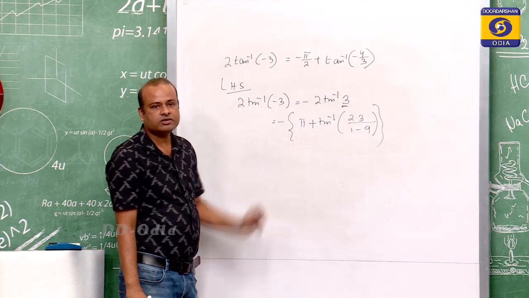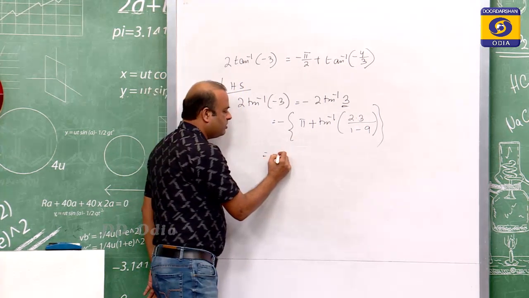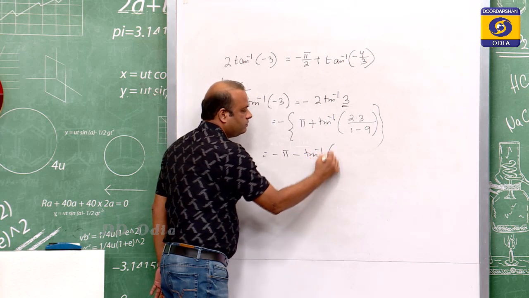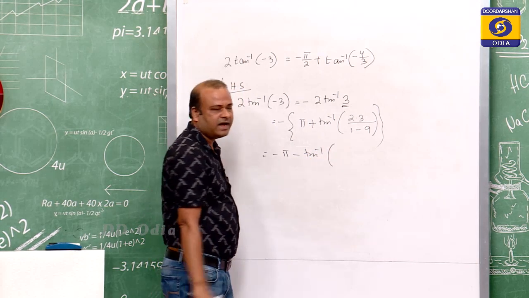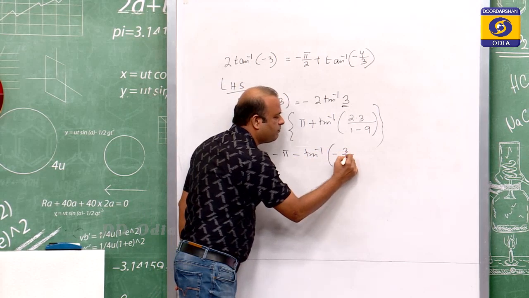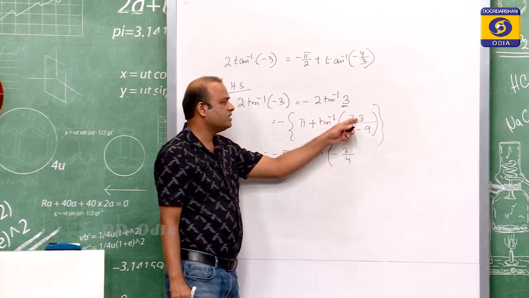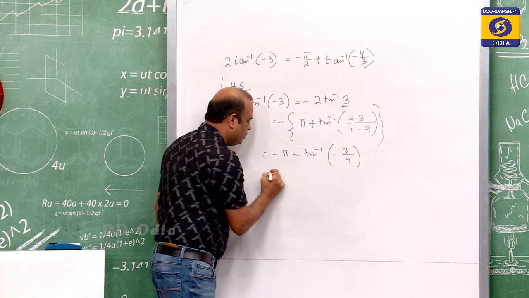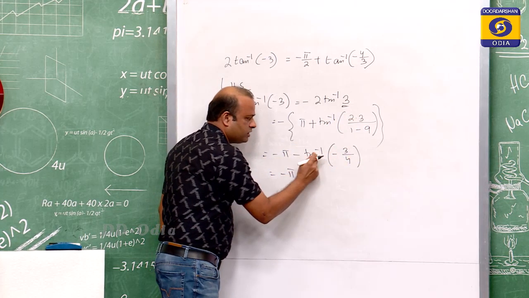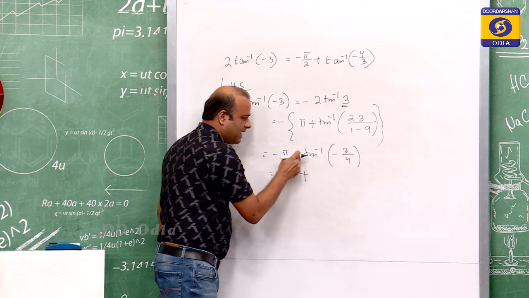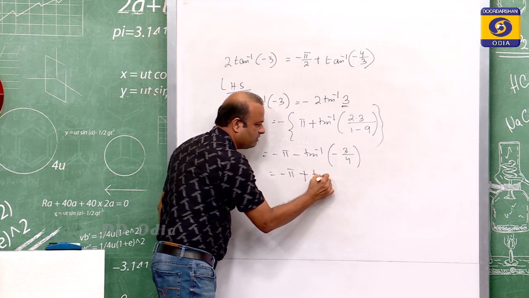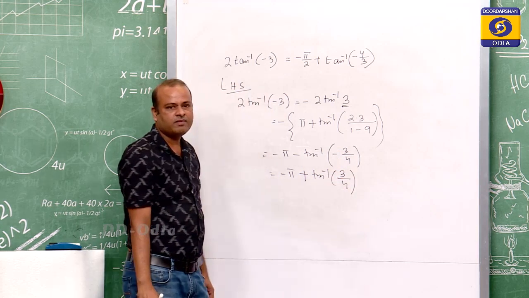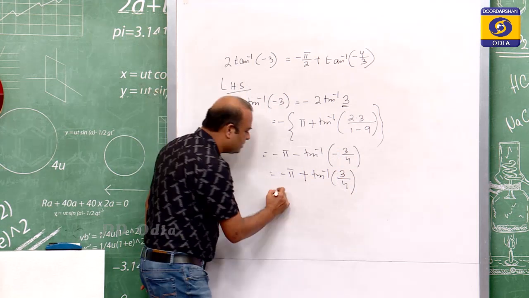I have already discussed. So now minus pi plus minus tan inverse is your minus tan inverse minus 3 by 4. After solving this one, 6 by 8 is your minus 3 by 4. So which is equal to minus pi plus tan inverse 3 by 4, since minus minus is plus.